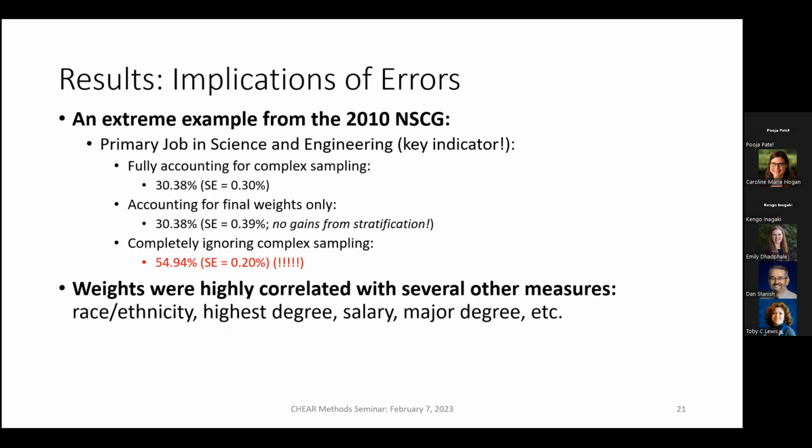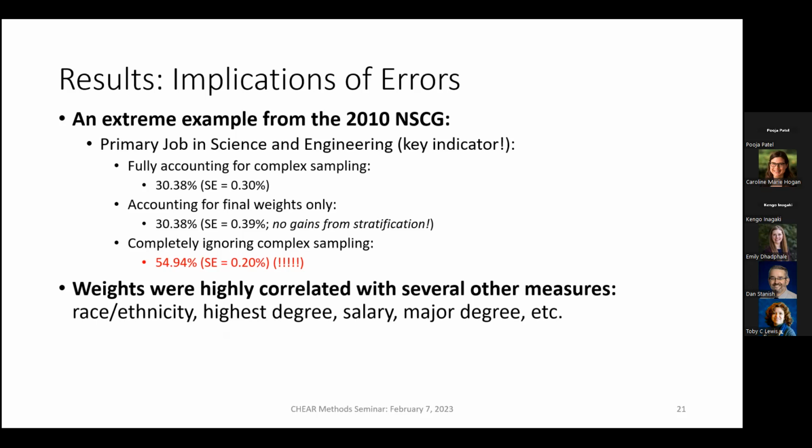If, however, you completely ignore the weights in that estimation, what happens? You might be writing a paper that says more than half of people have STEM jobs, and all of a sudden you're trying to light fires and people are like, wow, that can't be right. Why? Because you ignored the weights.